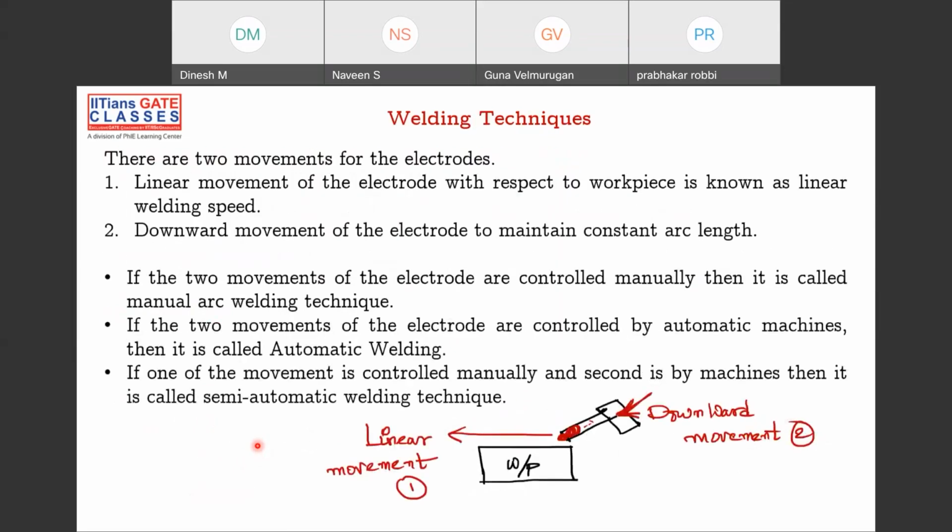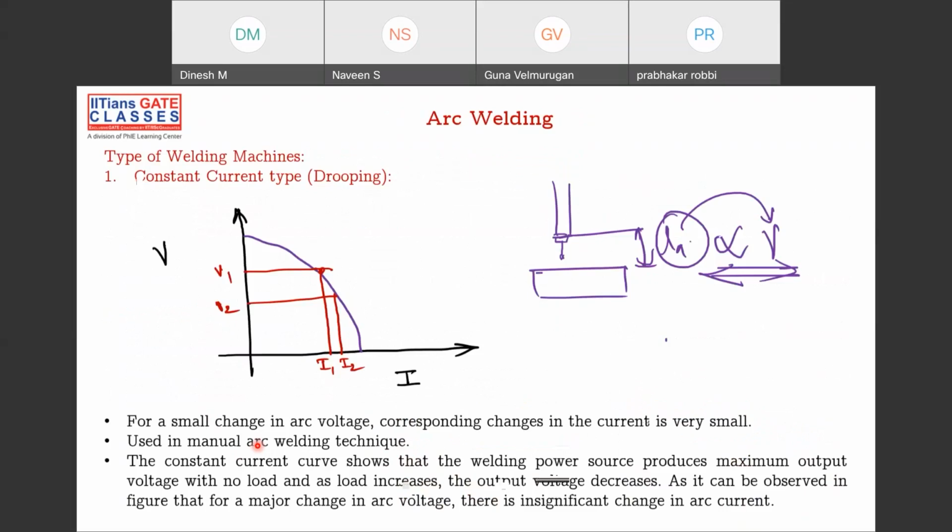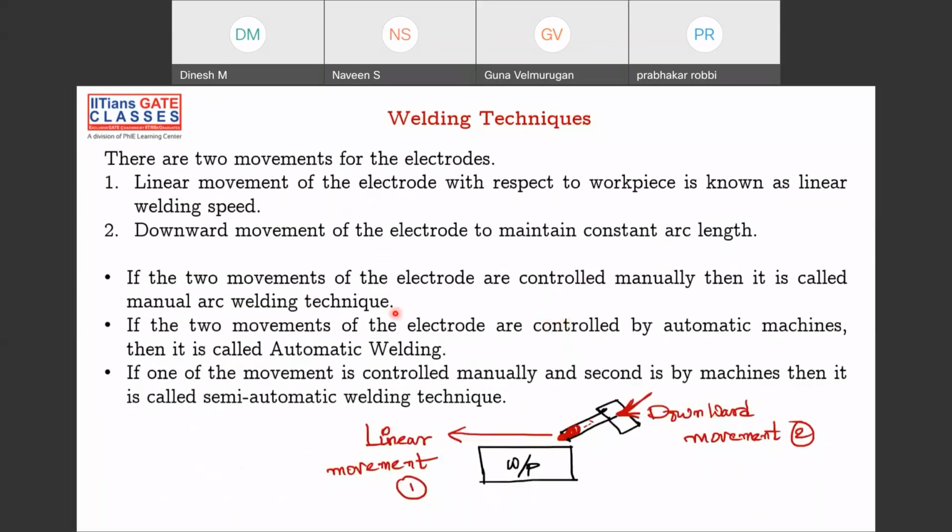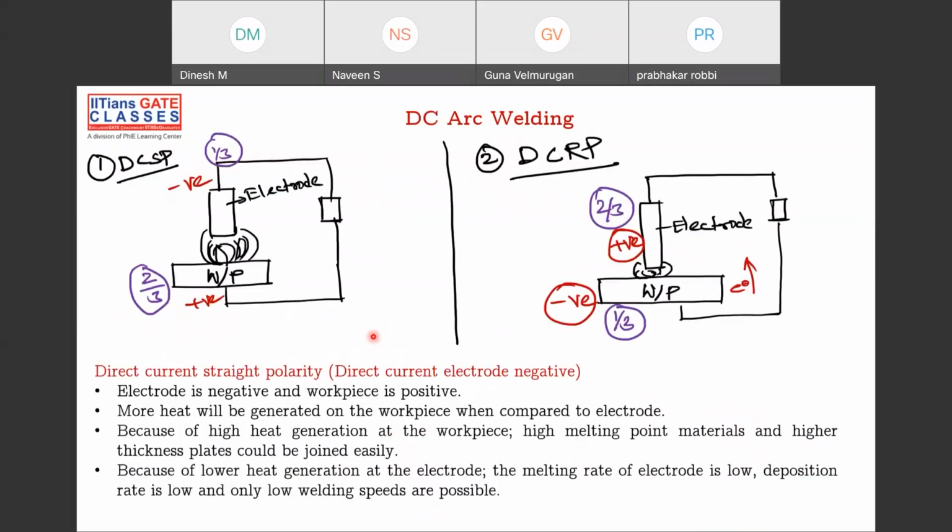Now let's discuss this thing and close for today's session. So in arc welding, if the deposition of electrode is happening, it means that this electrode is filler material, let's say.